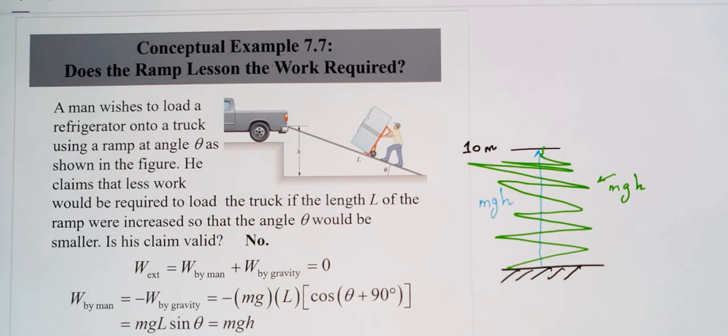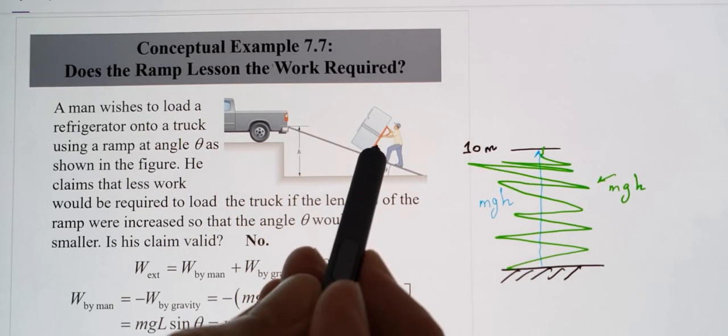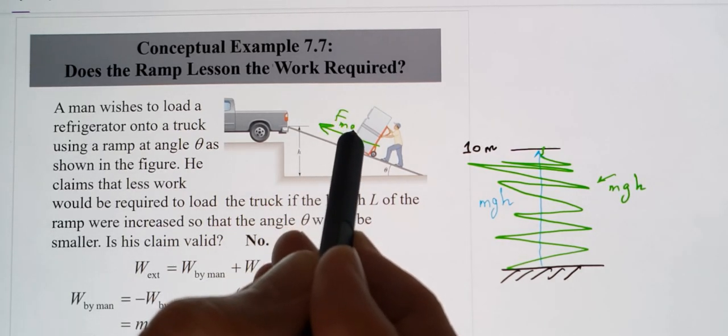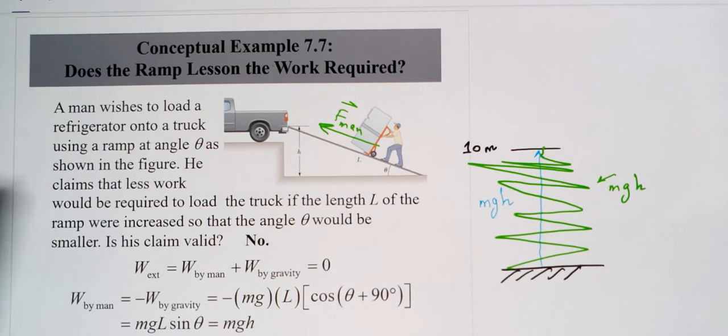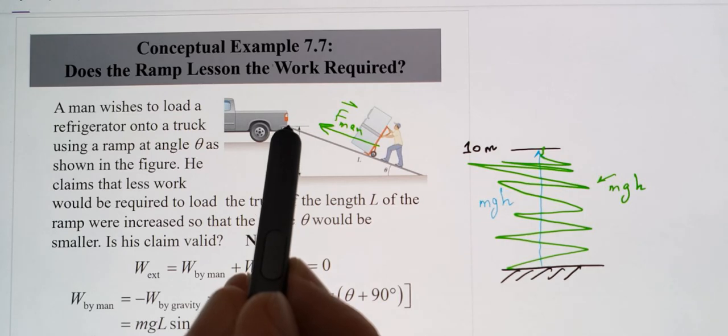Doctor, why did we take cosine theta plus 90 instead of sine theta? Because he is adding the work done by the man and the work done by gravity. By the man, it's 0 degrees, and by gravity it's 90 degrees. The force of the man is in the direction of the motion, so the force of the man is in the same direction as L. So the angle is 0.